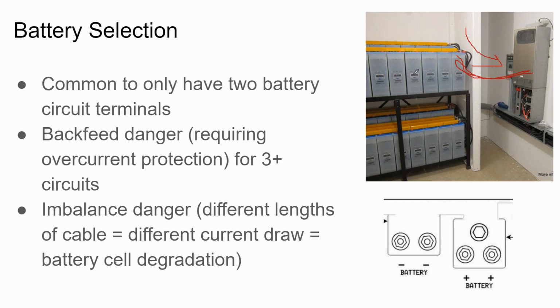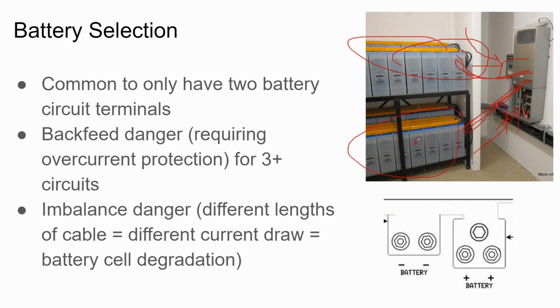If you only have one circuit, it's impossible to mess up. If you have two circuits and you're pulling current out of that, the resistance in both circuits is going to be separate from each other, and that's going to result in the two battery circuits degrading at different rates.